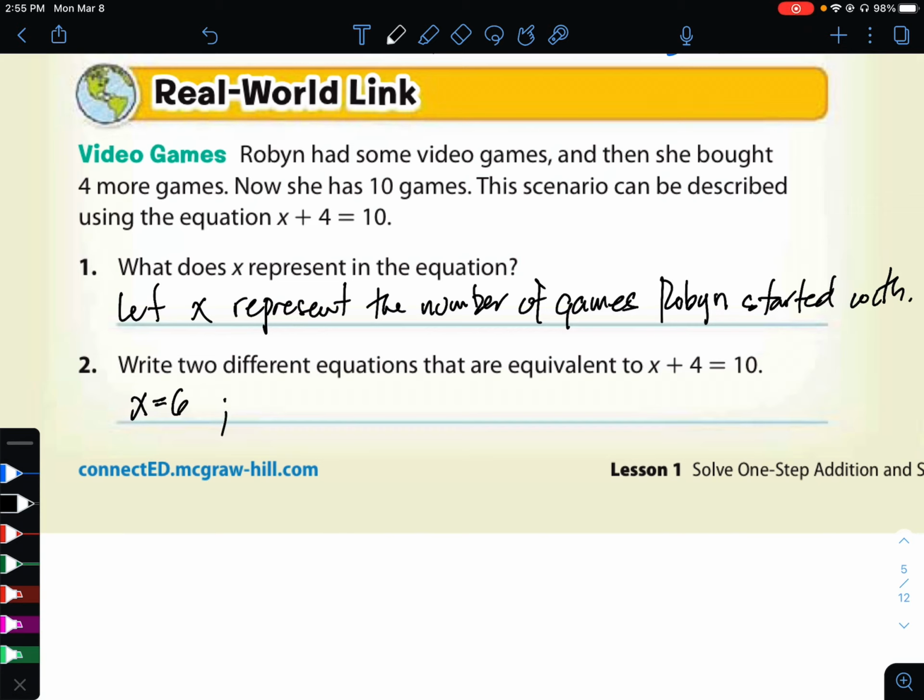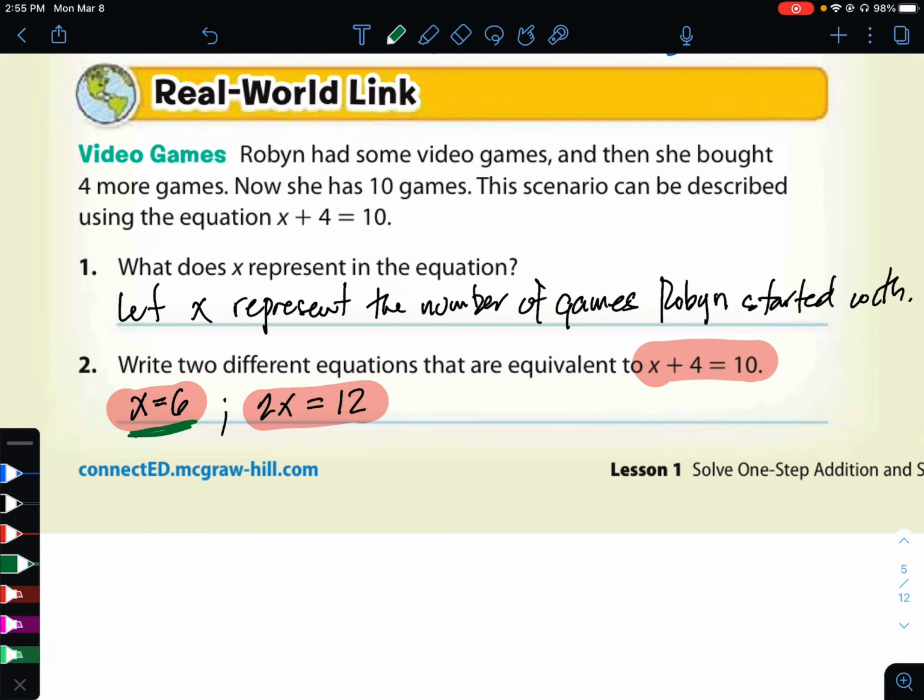Another equivalent equation can also be 2x equals 12. Because again, if we substitute 6 for x here, 2 times 6 is 12. So they are equal to each other. And these 3 equations are all equivalent equations because they have the same solution, and the solution is x equals 6.